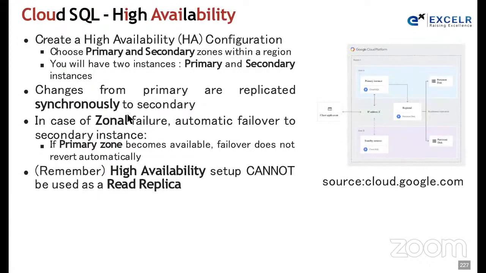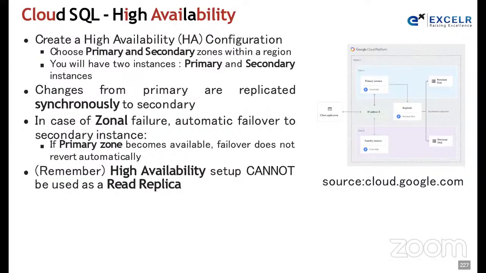Then you can also have high availability by creating an HA configuration in which you will have a primary and a secondary database, created in a different zone. With this, you will have two instances of your database running in sync. Whatever data is there on your primary will be replicated synchronously to the secondary database.